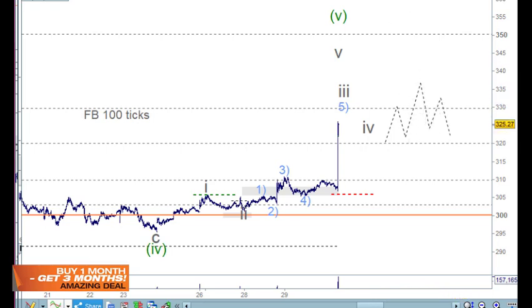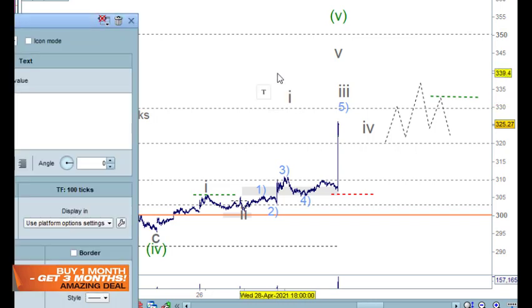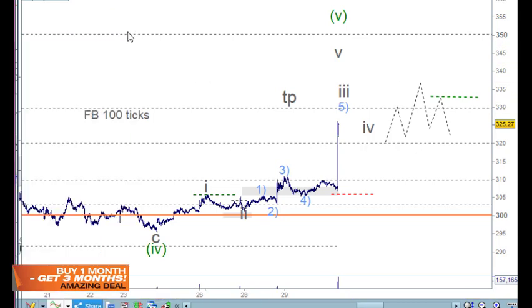And then we can look to go long at this point here. So what we really want to do here is you can use a trailing stop if you want, or we can just take profit at the 330 area. You could do it before, you could do it after.